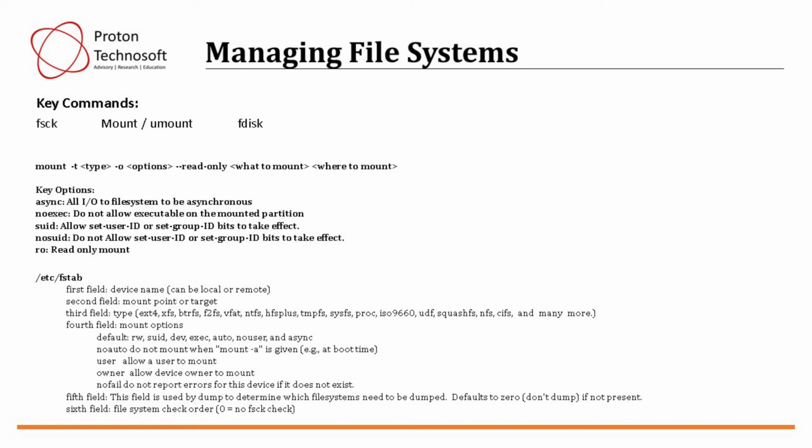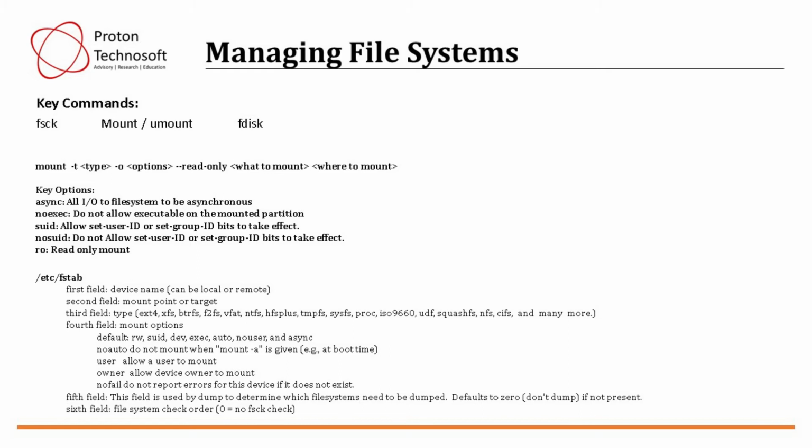Similarly, we have ReiserFS, we have ZFS, and whatnot today. And all these file systems provide either security or performance. Either of the factors they provide, and those are the different file systems that we have in Linux.